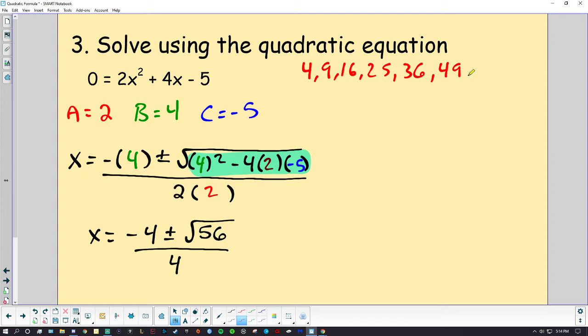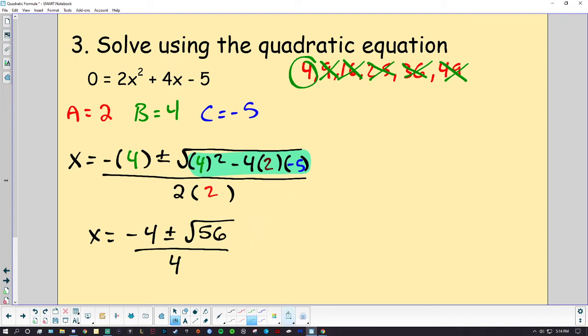So let's try. 56 divided by 49 gives you an icky, nasty decimal. 56 divided by 36 would have given you an icky, nasty decimal. Same with 25. What about 16? Terrible. Let's try 9. Nope, still bad. How about 4? 4 is the winner.